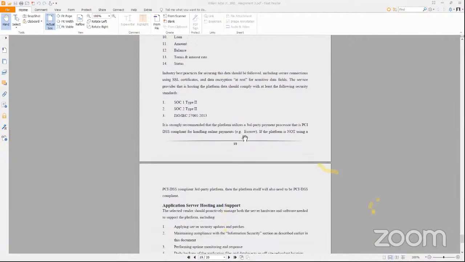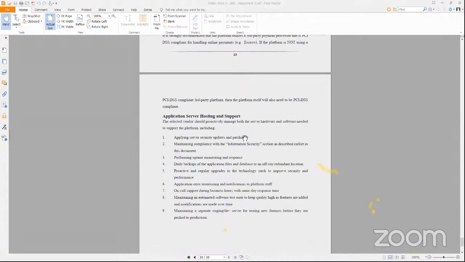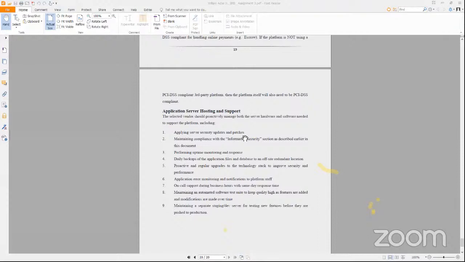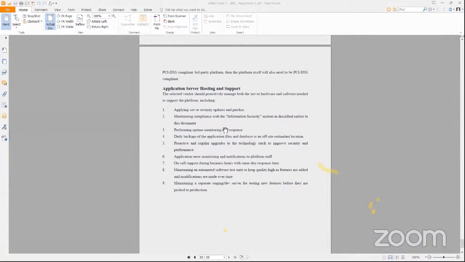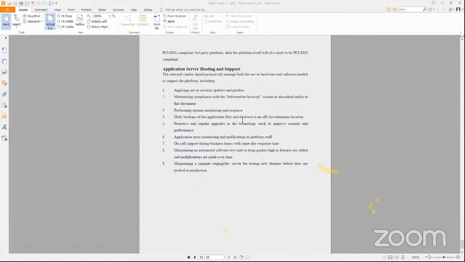Then we have our application server hosting and support, where whichever vendor we settle on must also adhere to these rules: apply server security updates and patches, maintain compliance with the information security section as described earlier in this document, perform uptime monitoring and response, and daily backups of the application files and database to an offsite and redundant location.